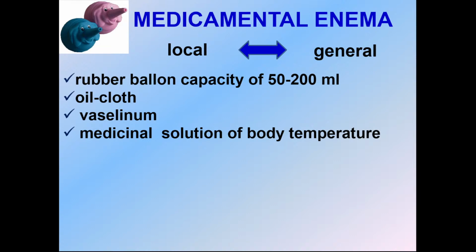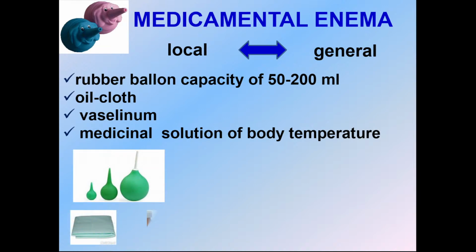We want the medicine to be held inside the intestine as long as possible, and usually this manipulation is used in the evening before sleep. We need an oilcloth, vaseline to lubricate the end of the enema, and the medicamental solution at body temperature, because we do not need stimulation of motor activity. The medicine must be held in the intestine a long time.